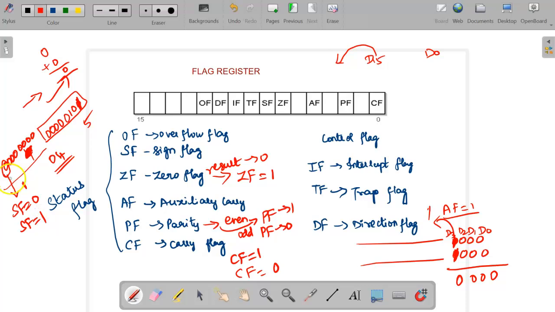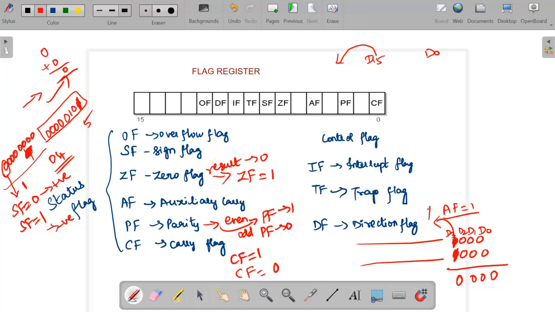Meaning that whenever the most significant bit is 0, it is a positive number. Whenever the most significant bit is 1, it is a negative number. Hence it affects the sign. So a negative number means this bit will be 1, so the sign flag will be 1. A positive number means the most significant bit will be 0, then I'll be getting SF equal to 0.